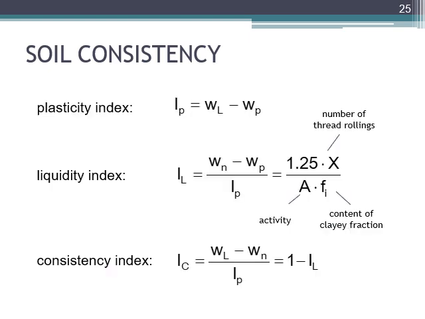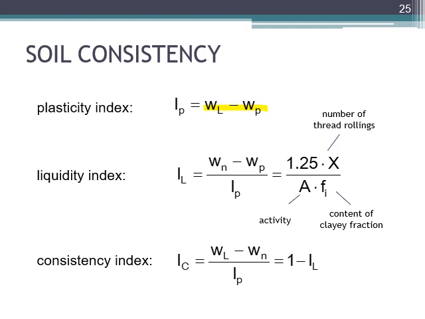If we already know the values of the Atterberg limits, we can calculate three important parameters of state of fine soils, which are the plasticity index, IP, which is simply the difference between the liquid limit and the plastic limit.